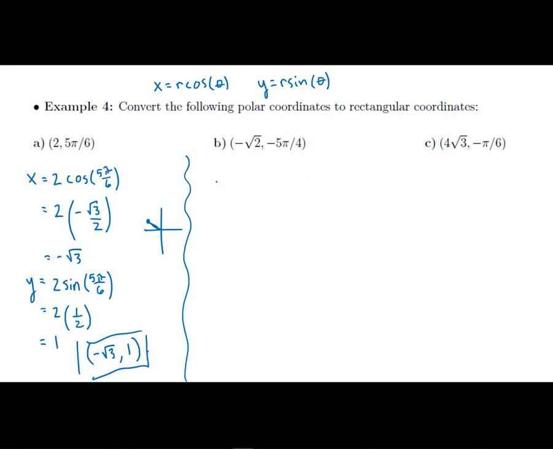All right, so then this one here, x is equal to negative root 2 times the cosine of negative 5 pi over 4. Let's use a little symmetry here to simplify this.